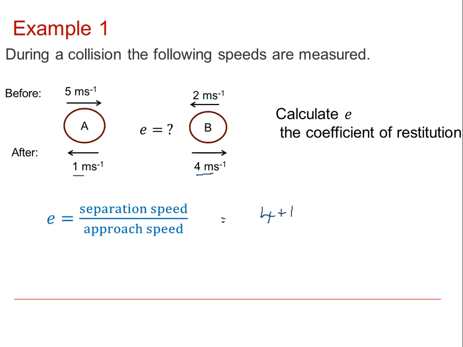For the speed of approach, we've got 5 and 2 towards each other, so we have 5 plus 2, and therefore E is equal to 5 over 7.